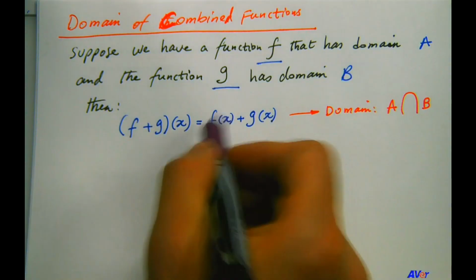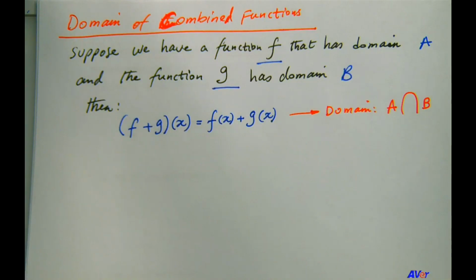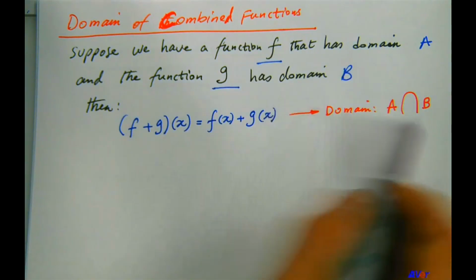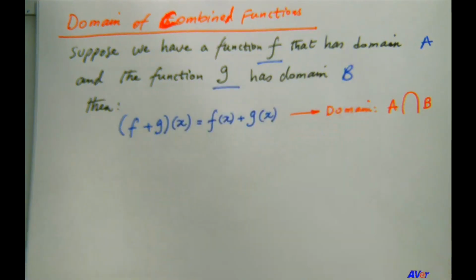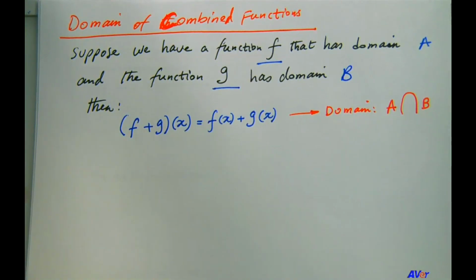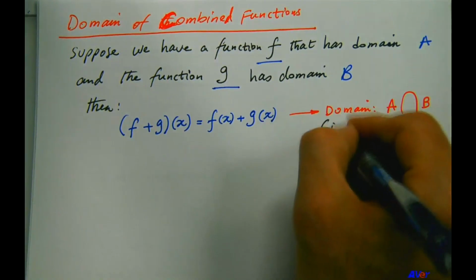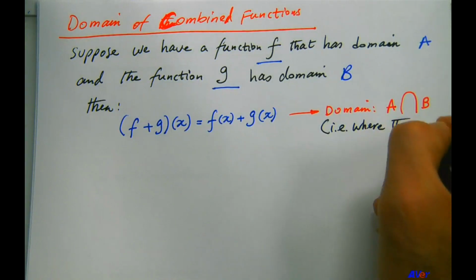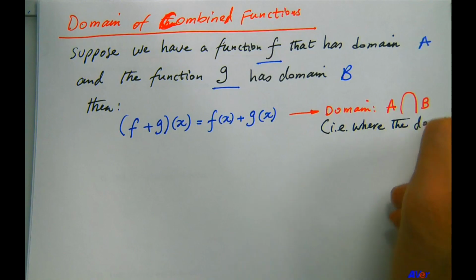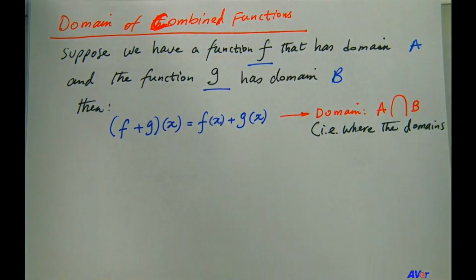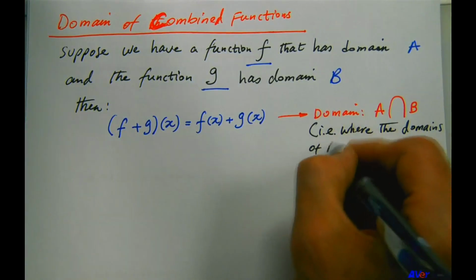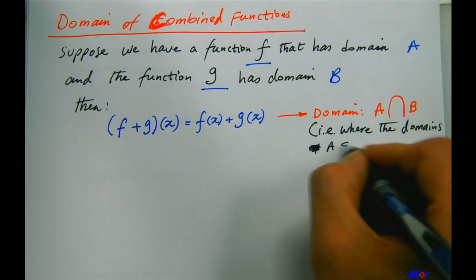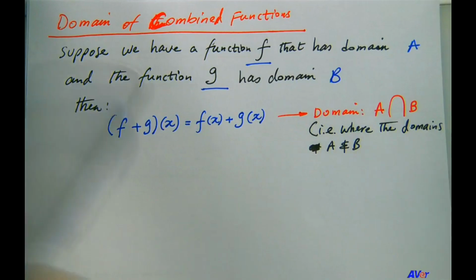What this is saying is, when you add two functions to combine them, the domain of the resultant function, or the combined function, is the intersection of A and B. That means where the domains A and B overlap.